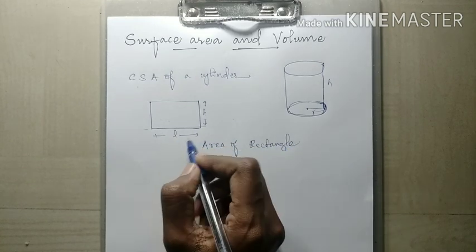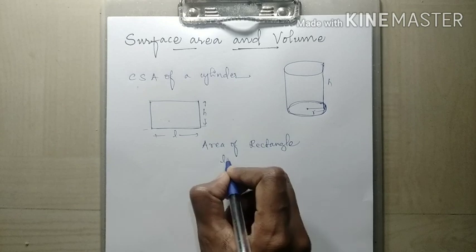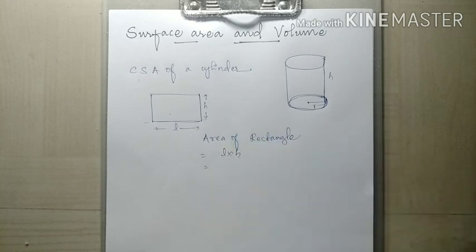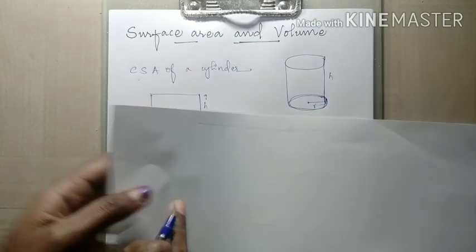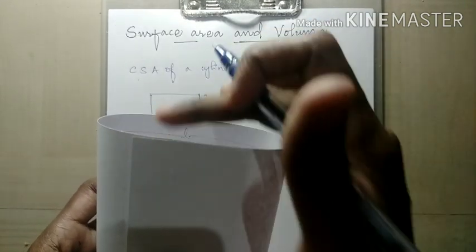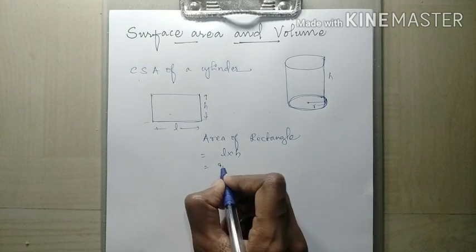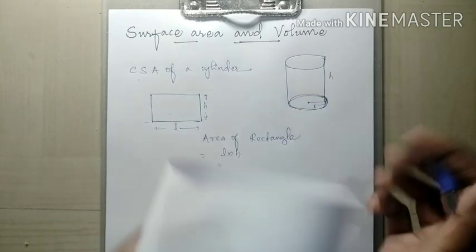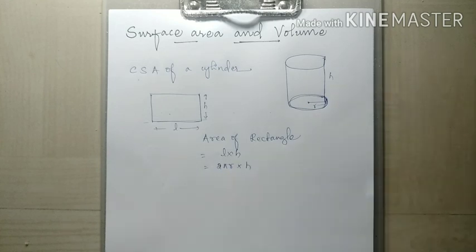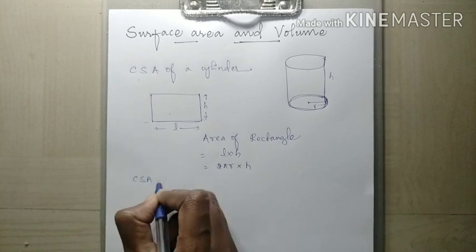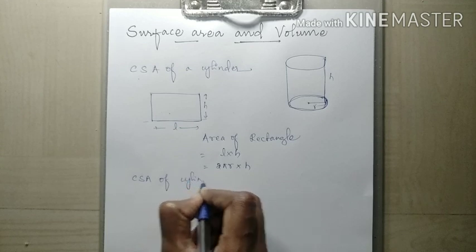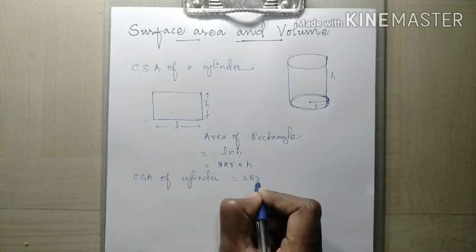Area of rectangle is length into breadth, that is L into H. The length became a circular part. If I fold it like this, the length became a circle. That is nothing but the circumference of the circle, 2 pi r, into h. Therefore the CSA, curved surface area of a cylinder, is 2 pi r h.